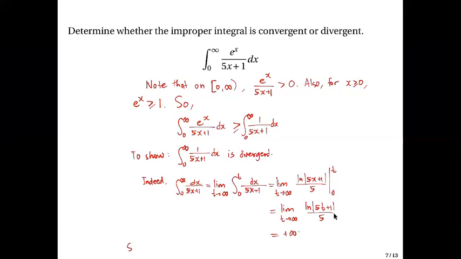So the integral from 0 to plus infinity of dx over 5x plus 1 is divergent. So is the integral from 0 to plus infinity of e to the x over 5x plus 1 dx.